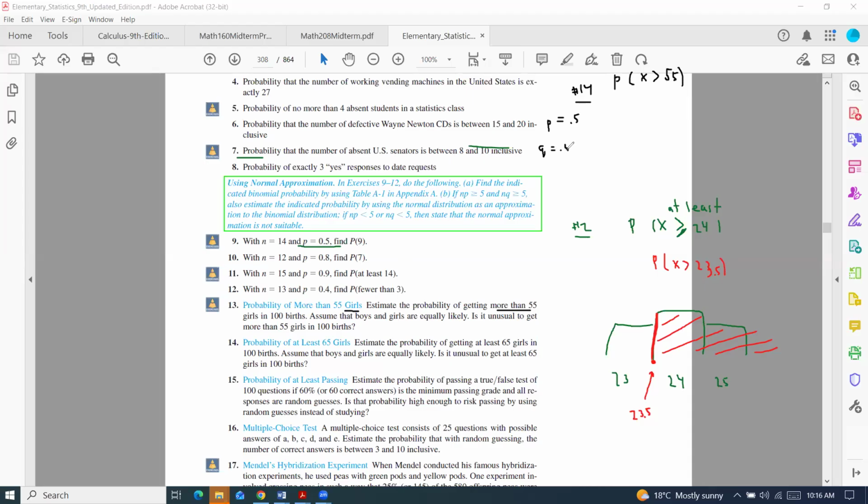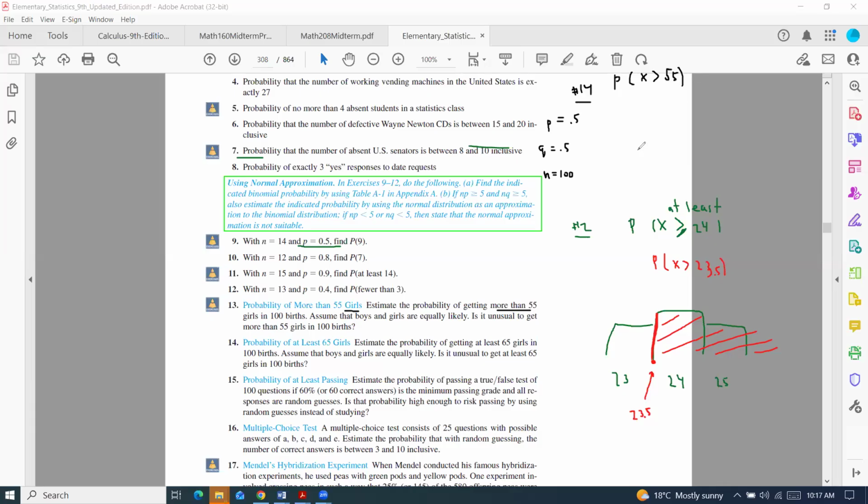P and Q. Remember when we have 100 births, the sample size is 100. We repeat the experiment 100 times. Birth of the baby, same experiment, and the chance it's a boy is 50% and a girl is also 50%, 50-50.